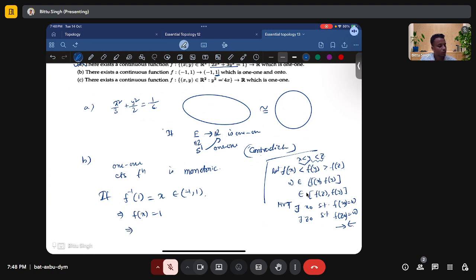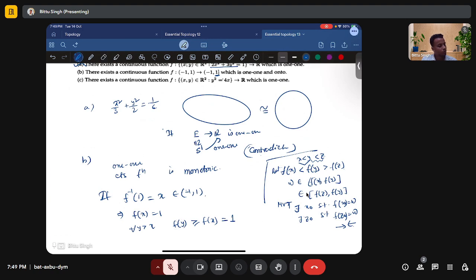This implies for all y greater than x, f(y) is greater than or equal to f(x), which is 1. But f(y) is always strictly less than 1.